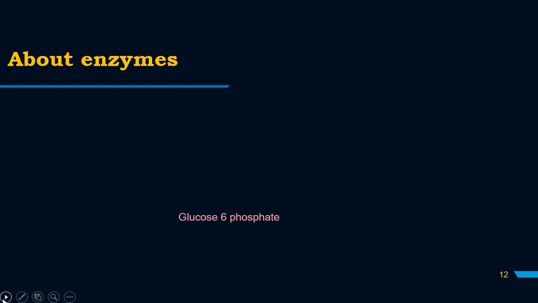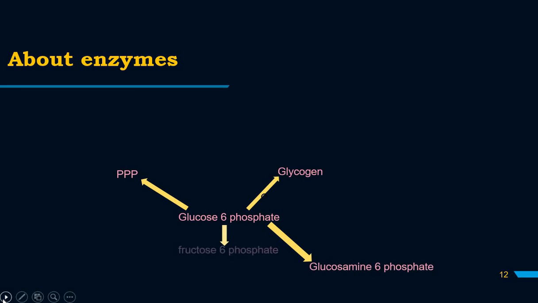So coming back, what are all the enzymes we have used? First I'll go with glucose 6-phosphate, the product formed in the first step. This product can be stored, can be oxidized, and can be used in different types of reactions.